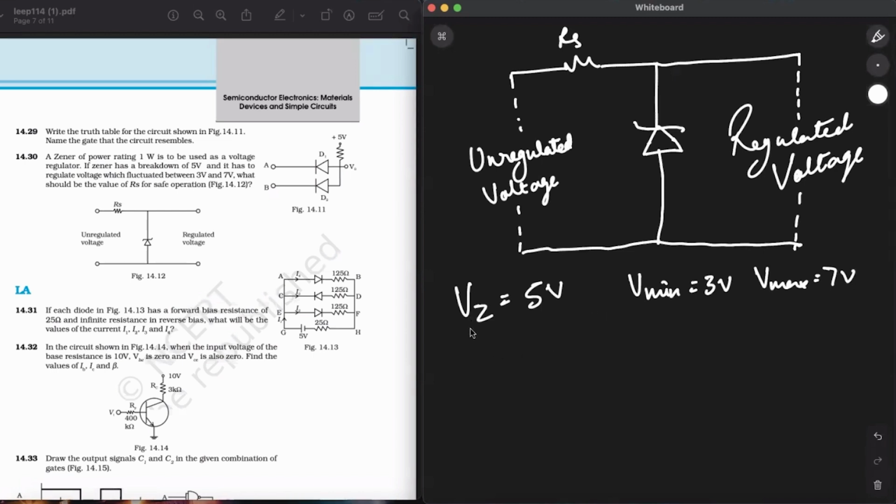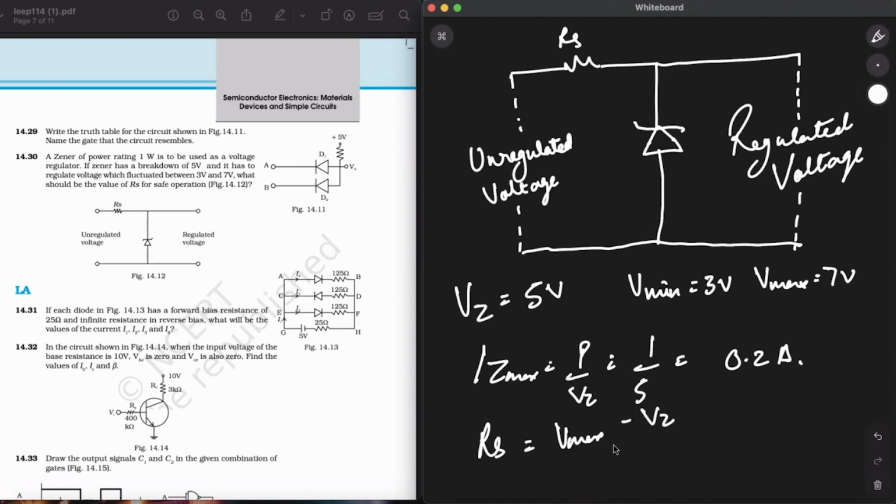So I in Z max condition will be P upon VZ, which is 1 upon 5, which will be 0.2 amperes. For safe operation, RS will be equal to V max minus VZ upon IZ max. So 7 minus 5 divided by 0.2 is 2 upon 0.2. It will be 10 ohms.